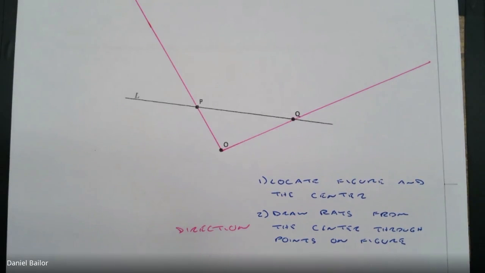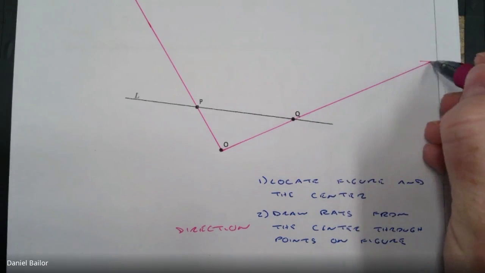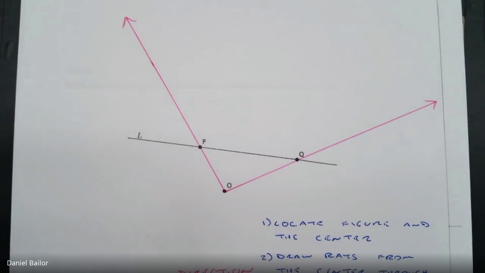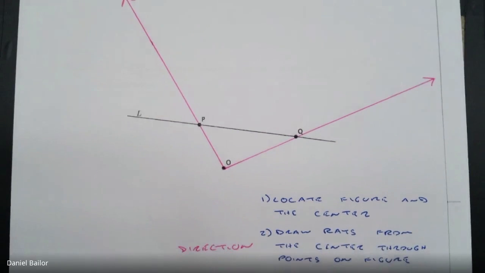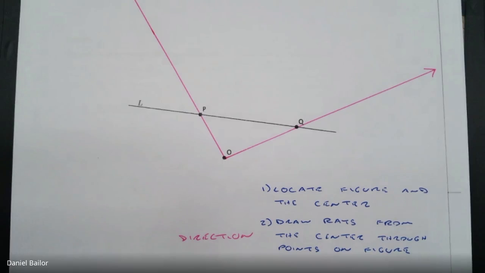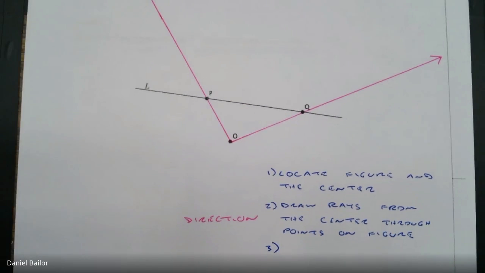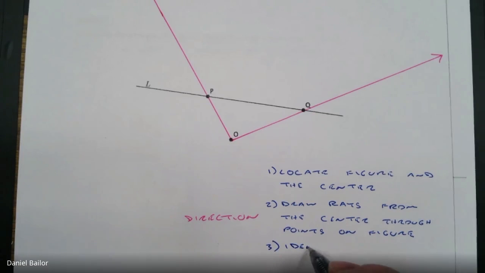So if we look at that, we know the dilation is going to move in that direction. So when the line grows, it's going to grow following those lines. Let me show you. Step 3, identify a scale factor.